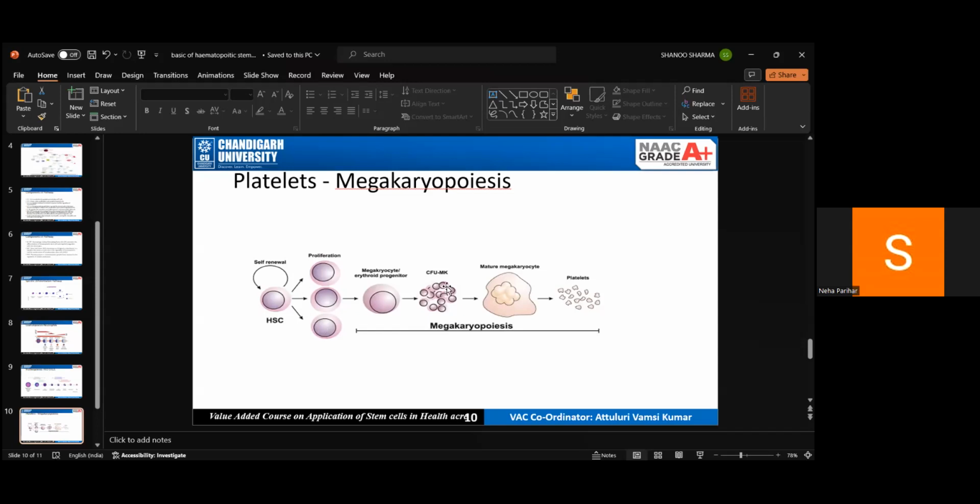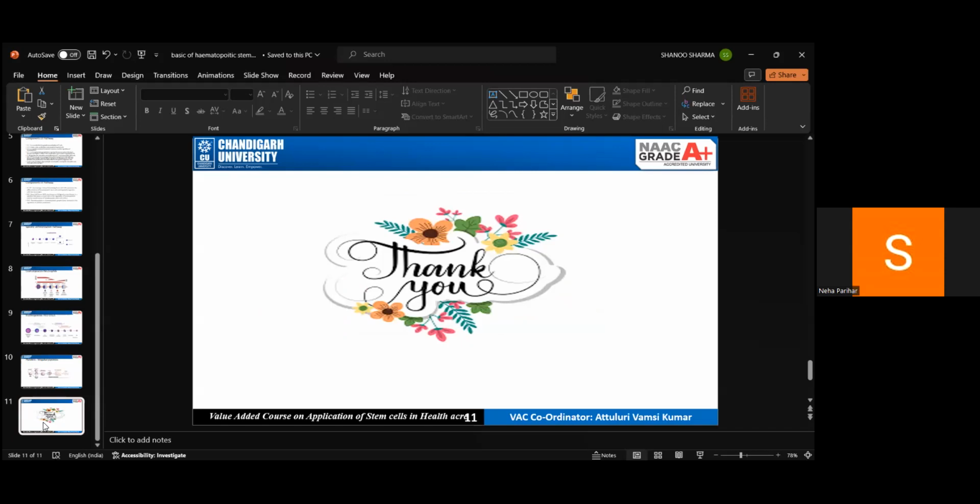So colony forming unit megakaryocytes are the capable cells which undergo proliferation, and then mature megakaryocytes will form, and then it leads to the formation of platelets. When the cytoplasm degenerates, these platelet fragments will be formed. So this is all for today.